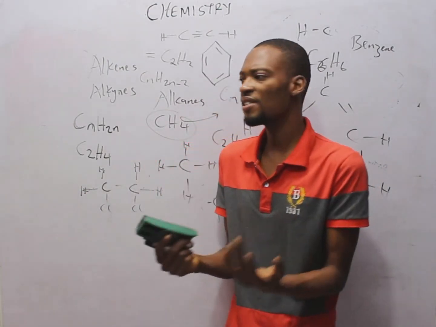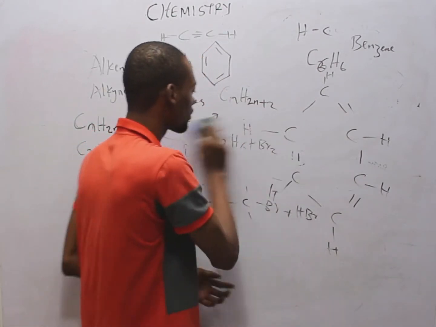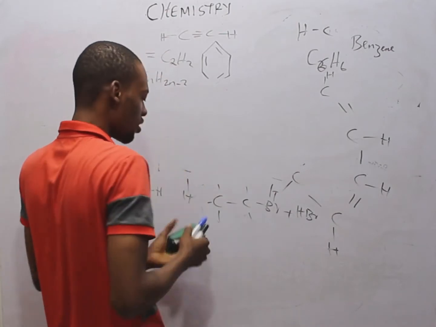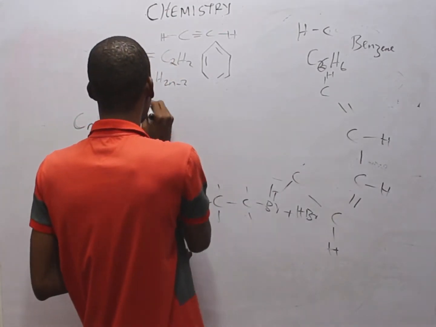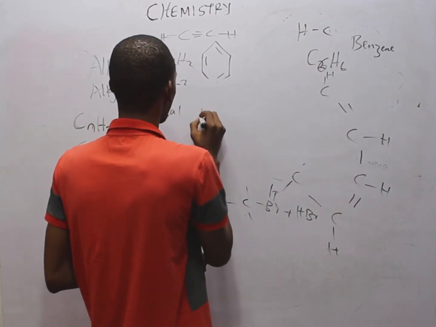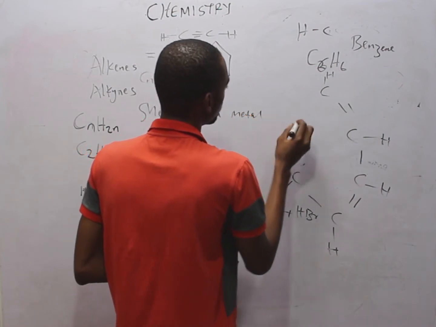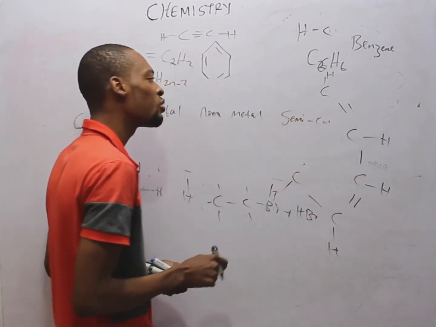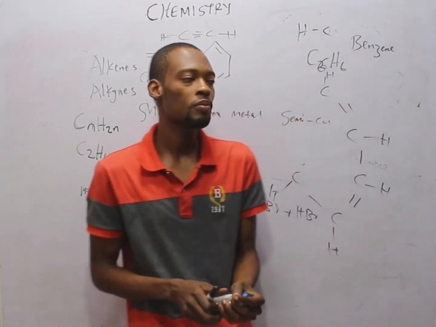In the periodic table, an element can be a metal, non-metal, or semi-metal, also called semiconductor or metalloid. In electricity, we have conductors, semiconductors, and insulators.